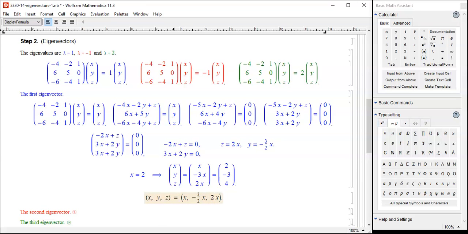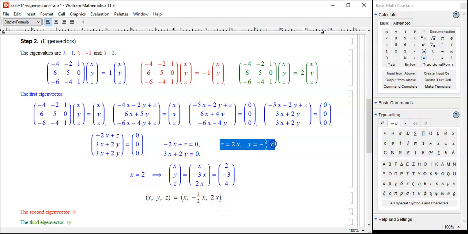I could have gone like this, but if I plug in x equals to 1, then what do you have? We have fractions. So instead of plugging x equals to 1, I decided to plug in x equals to 2. So plugging x equals to 2, then this becomes 2, all right? And then 2 times that, so I eliminated the denominator, -3. And 2 times 2, we got 4.